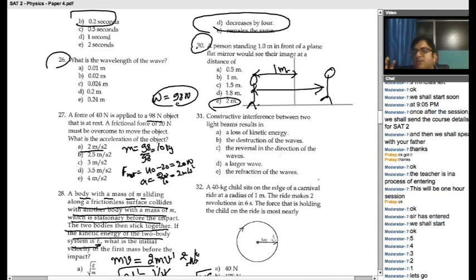Basically, it is the addition of the intensity. So there is no such destruction of waves. A large wave. Right?